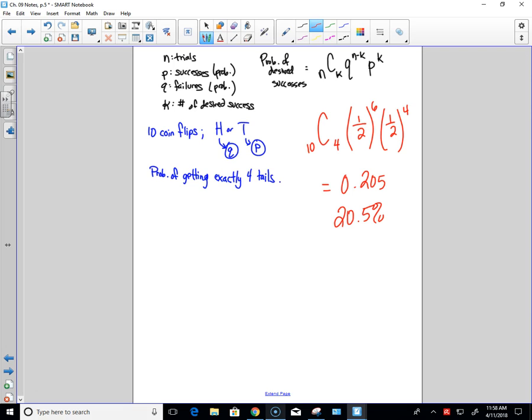Did you see it? Okay, so you guys agree with 20.5%? Okay. Now, that one we were able to totally fill in because we knew that the probability of getting a heads is 1 out of 2 and the probability of getting a tails is 1 out of 2.